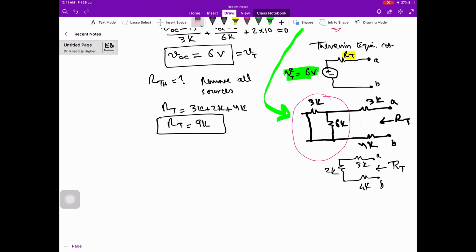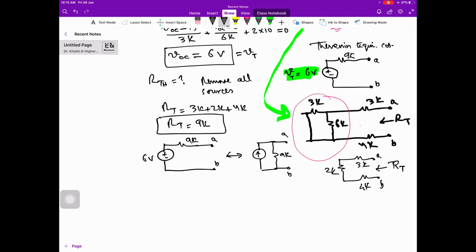So look at this circuit. We have found the Thevenin resistance of 9K. I will reproduce the circuit again over here, 6 volt, and this is 9K. This was the A and B terminal over here. This is the Thevenin circuit. I can find its Norton equivalent here, and this will be 9K.